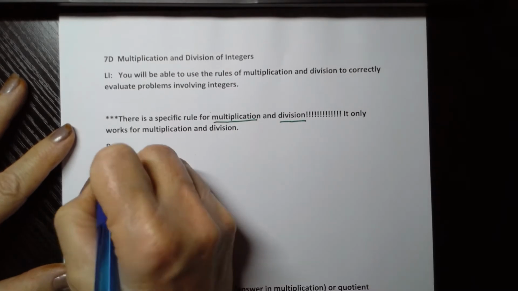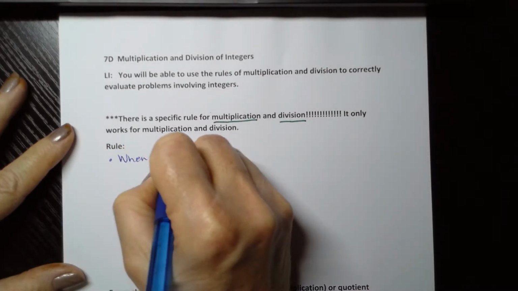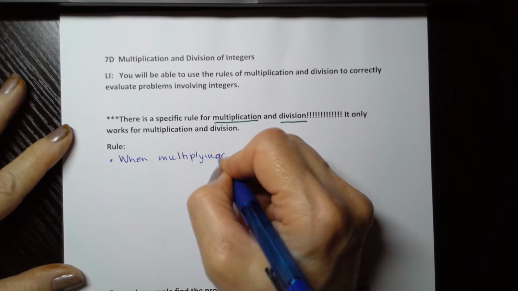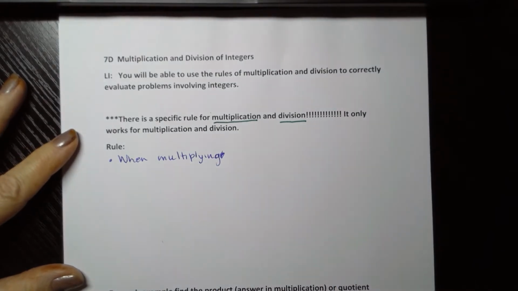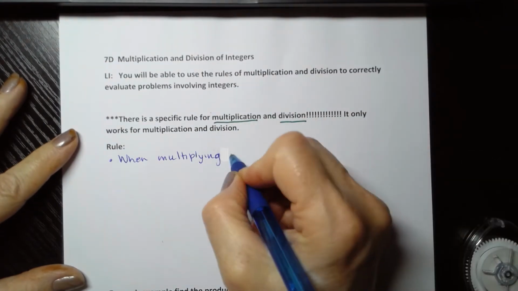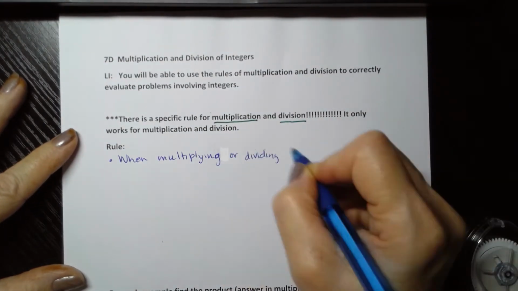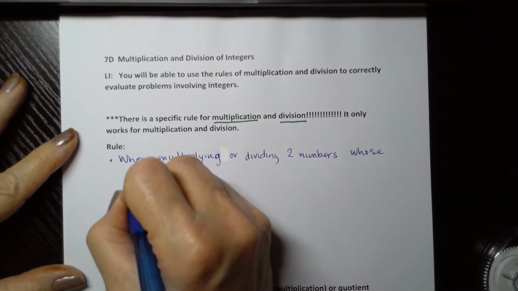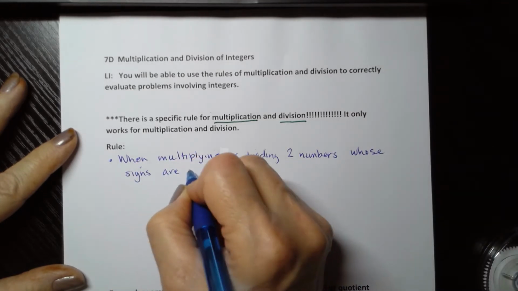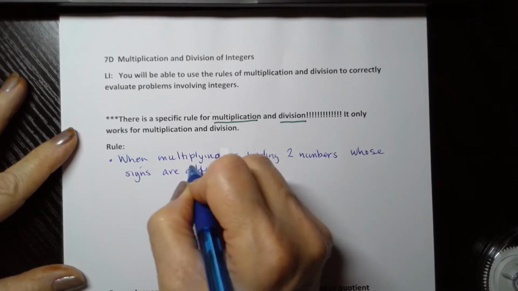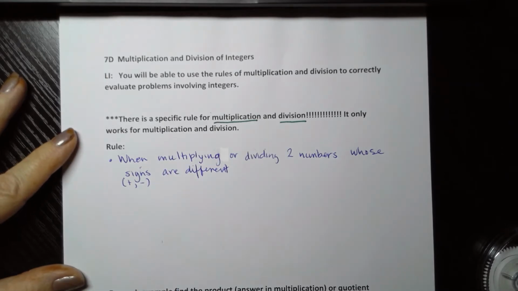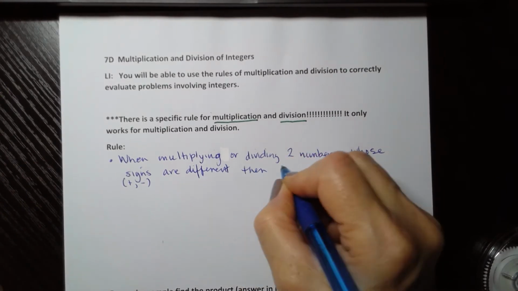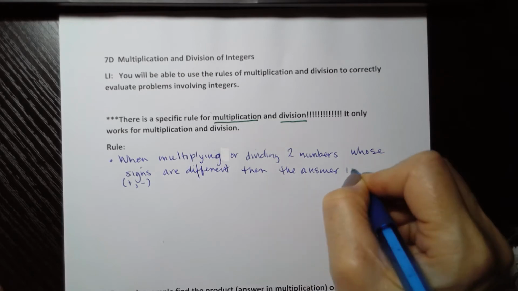So here's the rule. When multiplying or dividing two numbers whose signs are different, and when I'm talking about signs, I mean the plus and minus sign, not a division sign or a time sign, the sign in front of the number which makes it an integer, then the answer is negative.